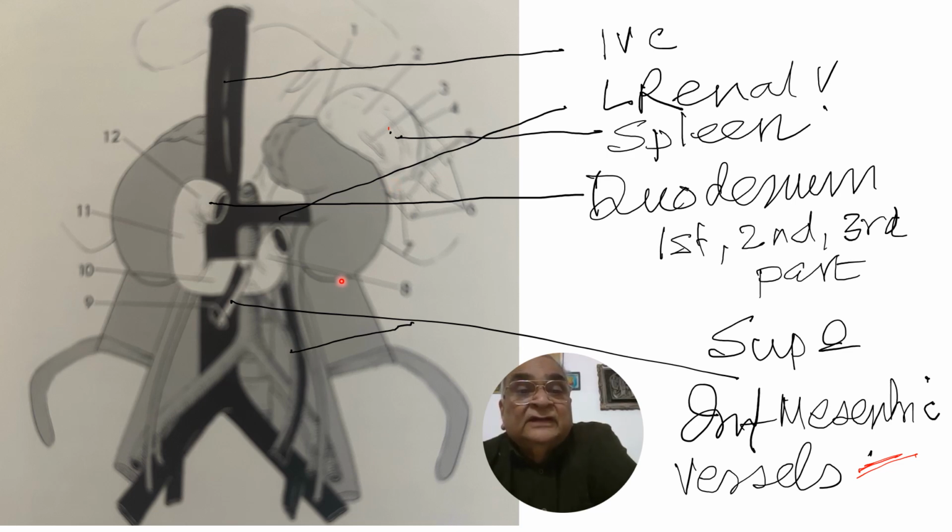So this finishes this diagram, and one more thing that you can see is that the inferior mesenteric vein has started accompanying the inferior mesenteric artery here. So this is the vascular background that we see in this particular diagram.